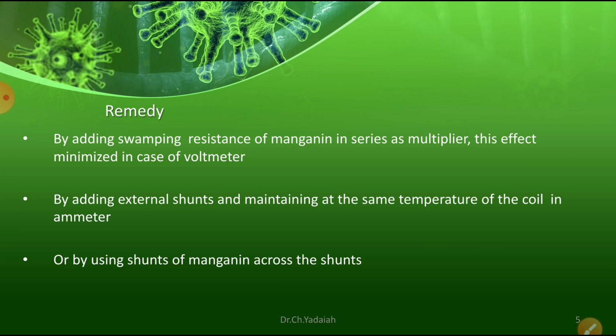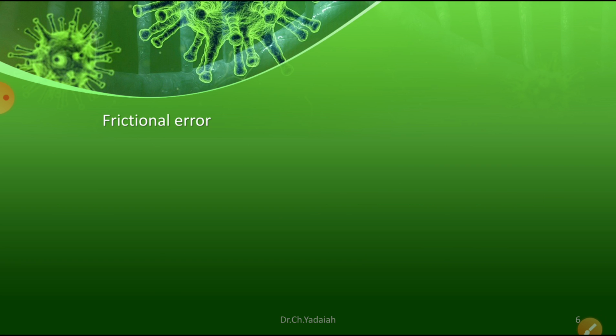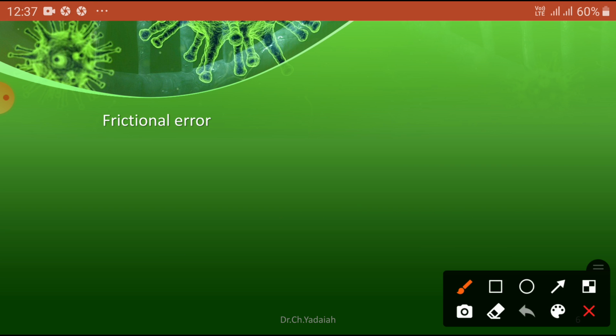Now coming to another error, the frictional error. What do you mean by the frictional error? Let us see. The deflecting torque is affected by the friction at the pivot. What is the pivot here? You know that this is an aluminum frame, this is a spindle, and the spindle is placed on jewel bearings on both sides.